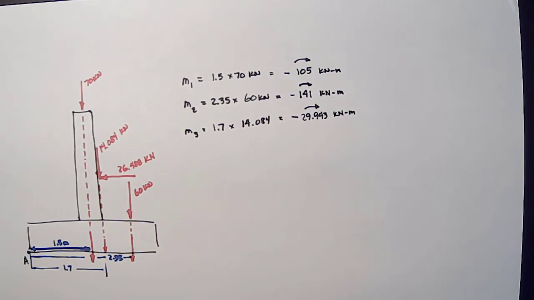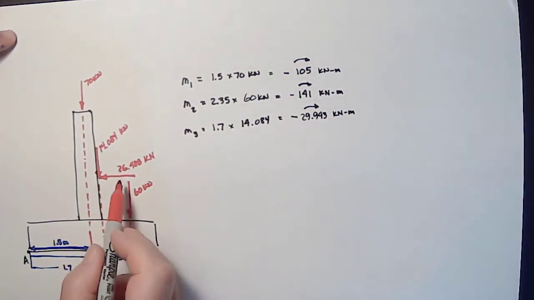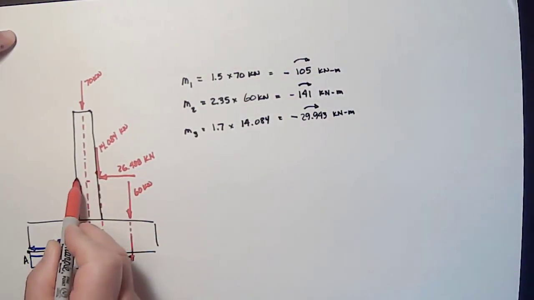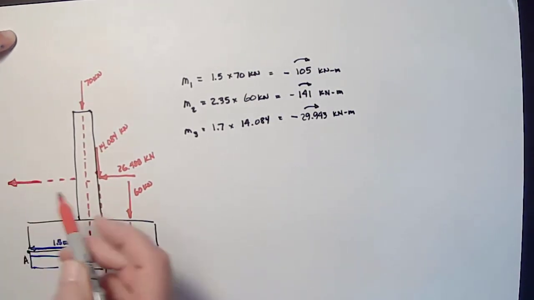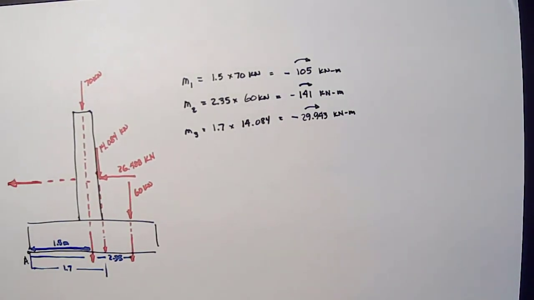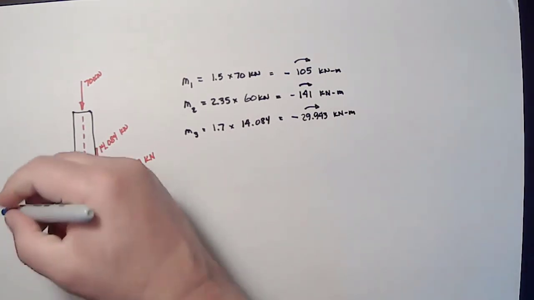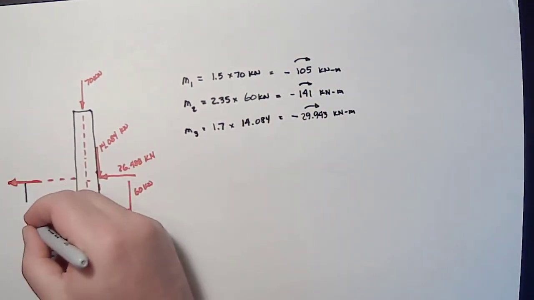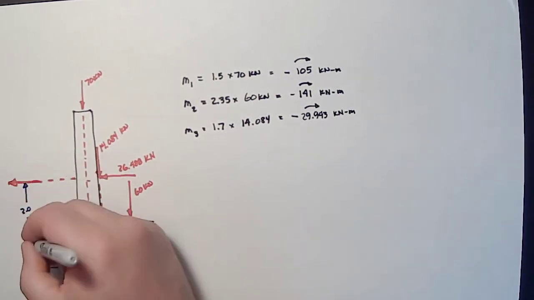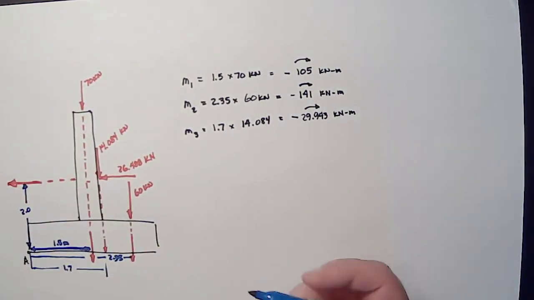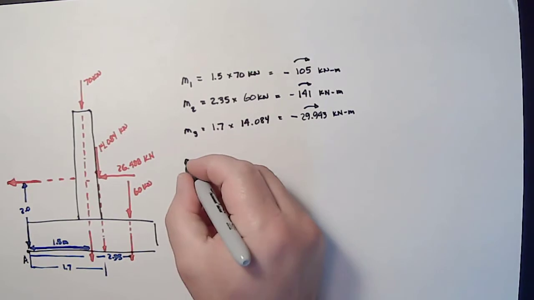And then finally, this 26.488, if I extend its line of force until it is perpendicular, this distance is 2.0 meters from point A. Okay, notice this fourth moment.